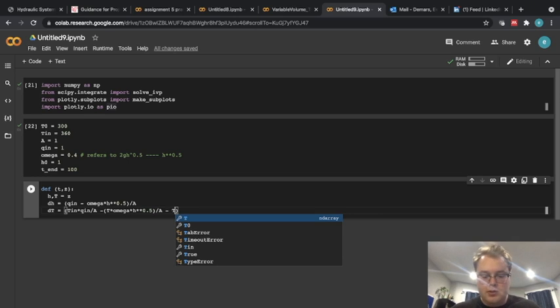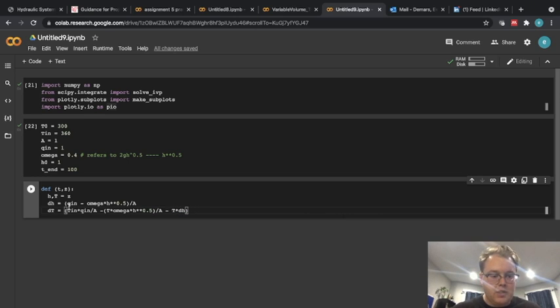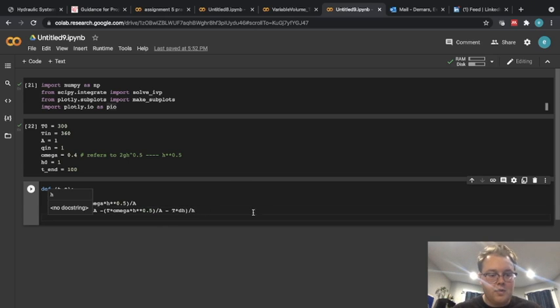So temperature times my dH equation, which is here, my other differential equation. And all of that was divided by height, h. So there is my change in temperature equation, which I solved for on the whiteboard, and my change in height differential equation.